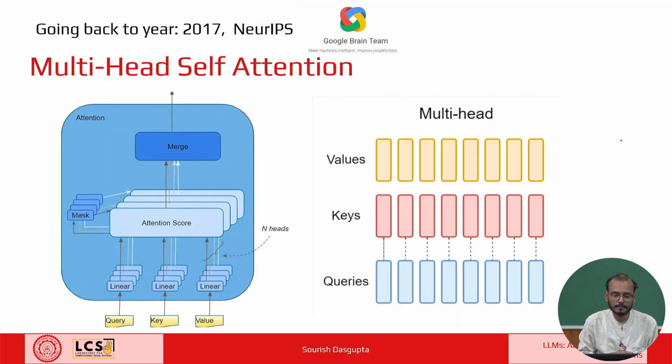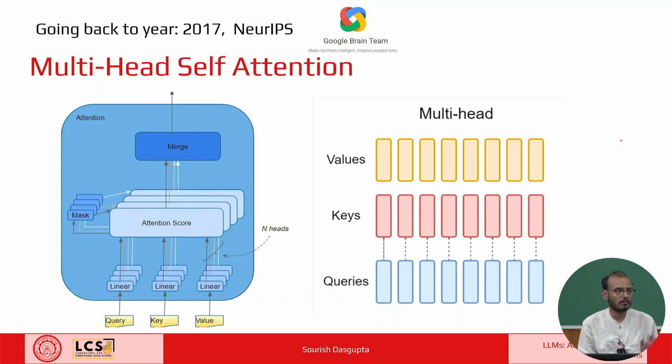Okay. So now let's go back to 2017. The "Attention Is All You Need" paper got published in Europe. What happened at that time was they also realized something else.